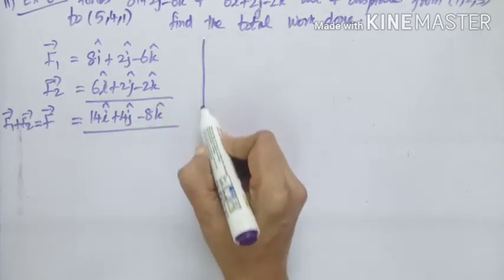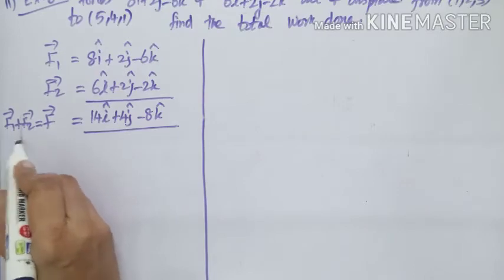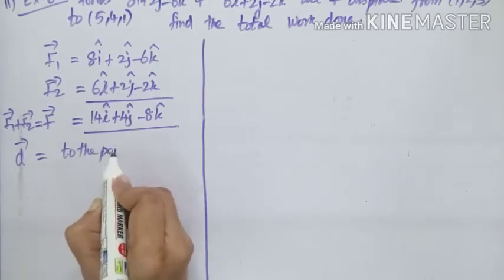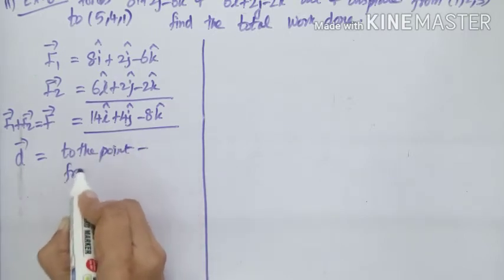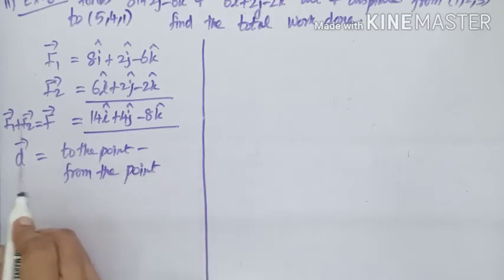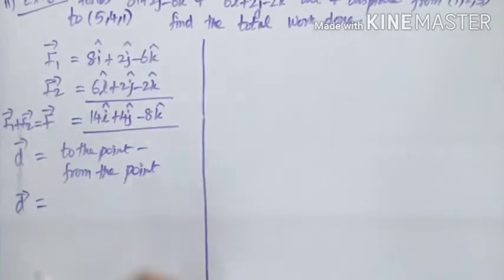Next, I need to find out what is D. What is the D formula? D is nothing but to the point minus from the point. Look at the question. What is to and from in the question? They have given from 1,2,3 to 5,4,1.